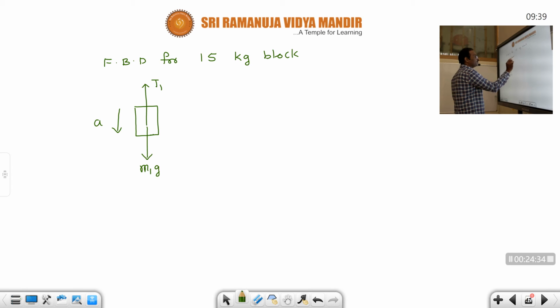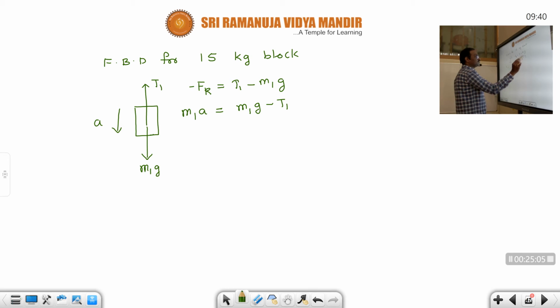Therefore, for this free body diagram, the resultant force Fr is equal to T1 minus m1g, because the resultant force acts in the downward direction. Taking the minus in common, m1a is equal to m1g minus T1.